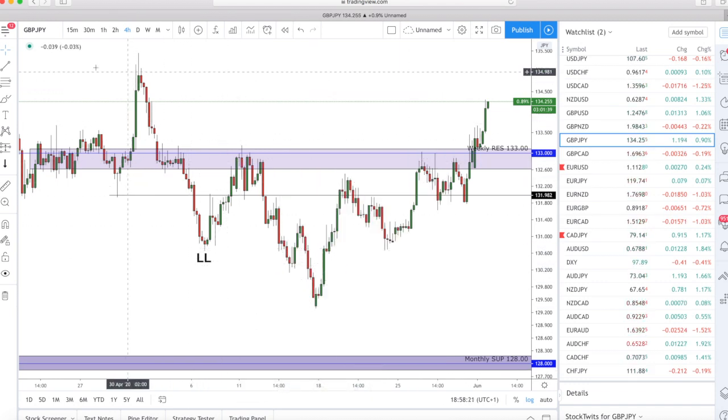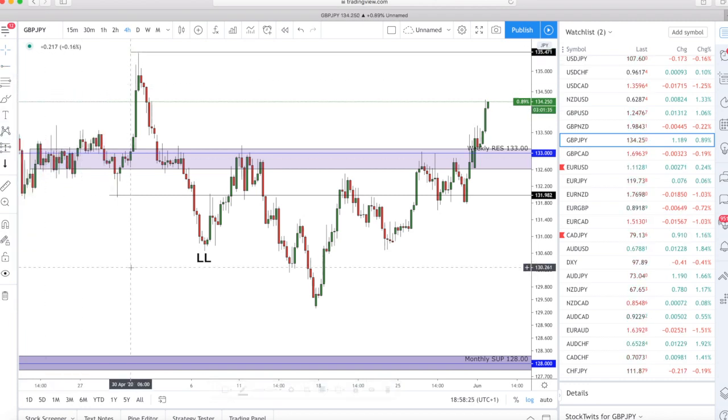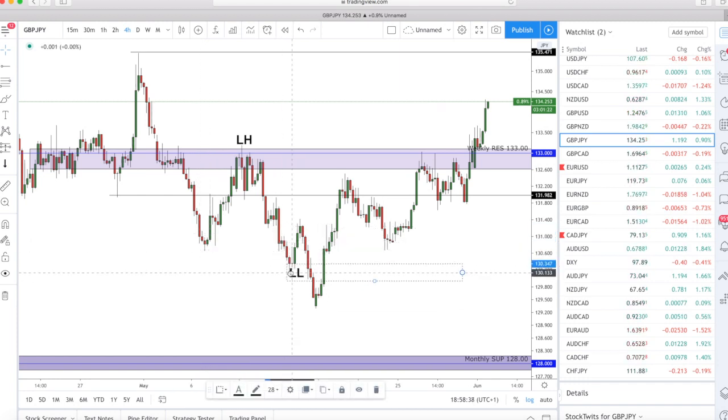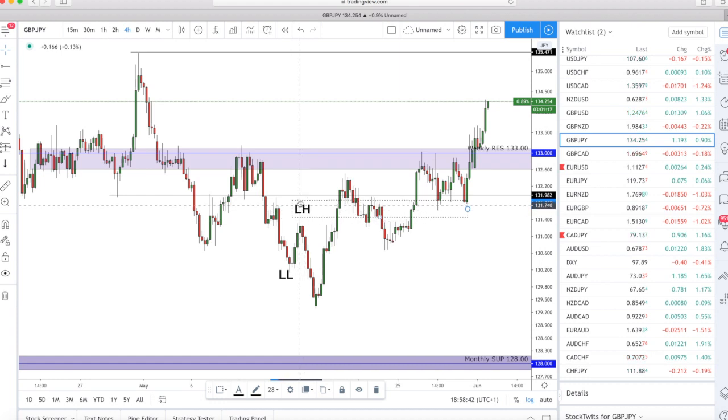Market comes up, you can see this area here, price hasn't broke this area, so this here is a new lower high. So I'm just going to use these to make it quicker.